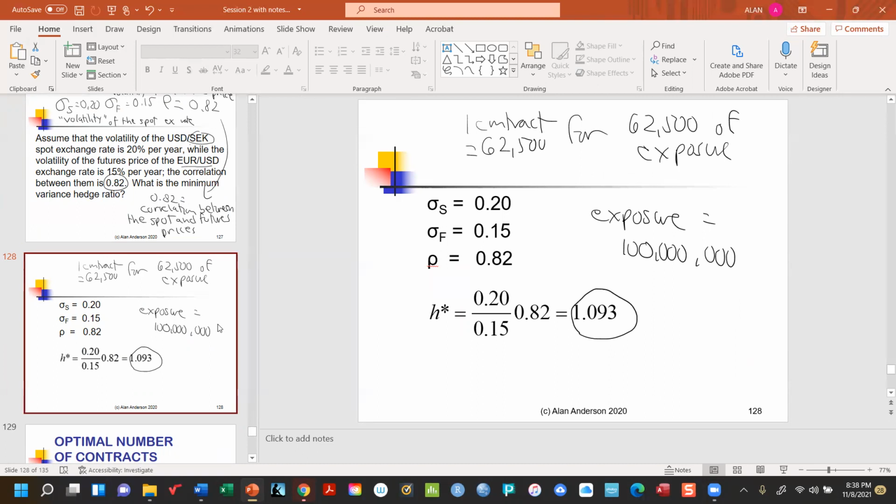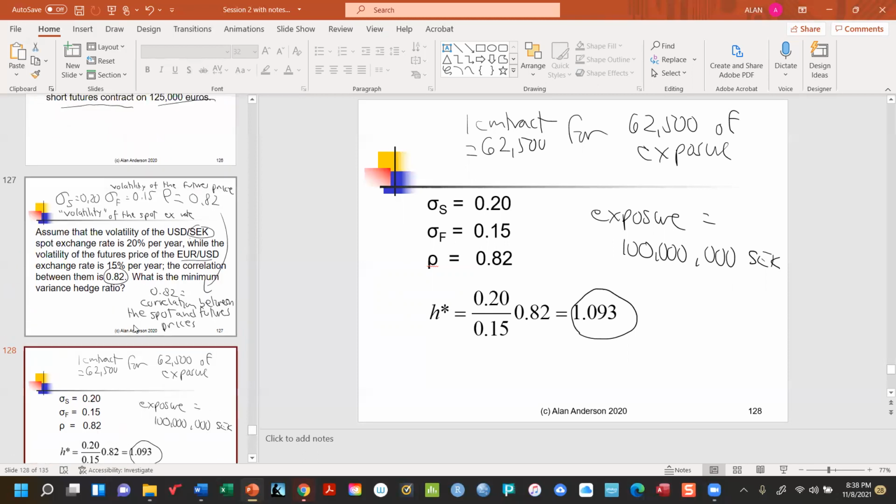And now remember, we're buying 100 million Swedish kroner. And one contract, let's see. I'm not sure how many, I guess I should look this up. How many euros are written underneath?